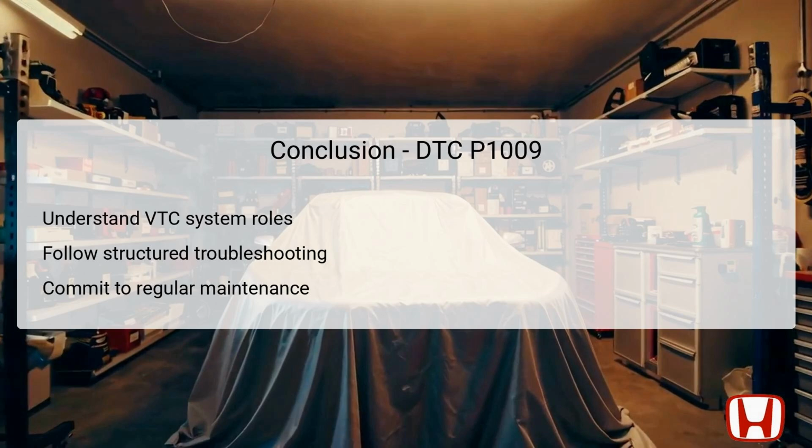In conclusion, addressing DTC P1009 requires not only an understanding of the variable valve timing control system, but also a systematic approach to diagnose and remedy the issue effectively. The VTC system's function in optimizing engine performance is crucial for both power delivery and fuel efficiency, making it imperative to respond promptly to any malfunctions.